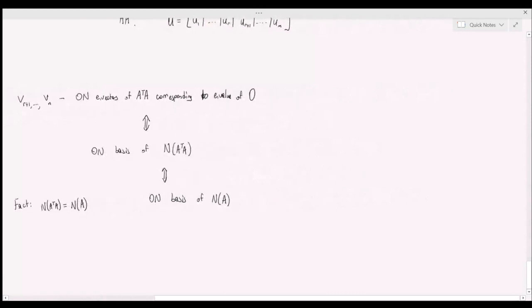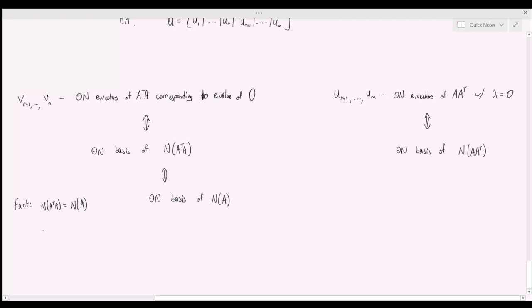Now, similarly, these additional columns of U are supposed to be orthonormal eigenvectors of A A transpose with a corresponding eigenvalue of 0. To get these, you would just need to find an orthonormal basis of the null space of A A transpose.